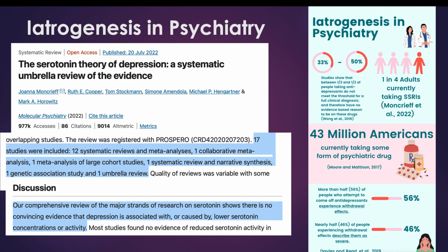What they concluded from this study, I won't get into it, though I encourage you to look at the study itself so that you can see the evidence for yourself. What they concluded from this study, and this is a recent study, 2022, is that, I'll just read here: our comprehensive review of the major strands of research on serotonin shows that there is no convincing evidence that depression is associated with or caused by lower serotonin concentrations or activities.